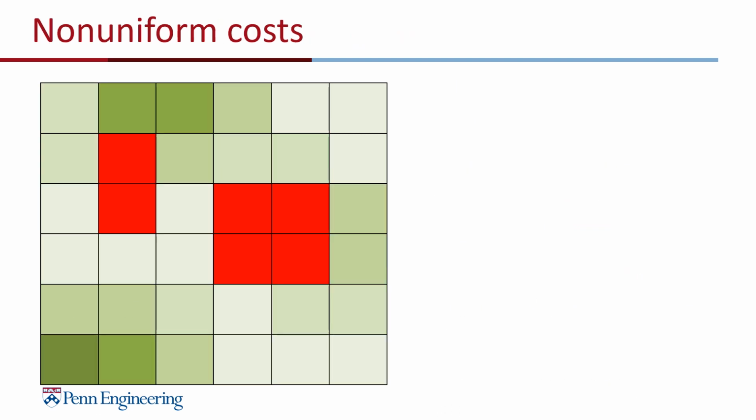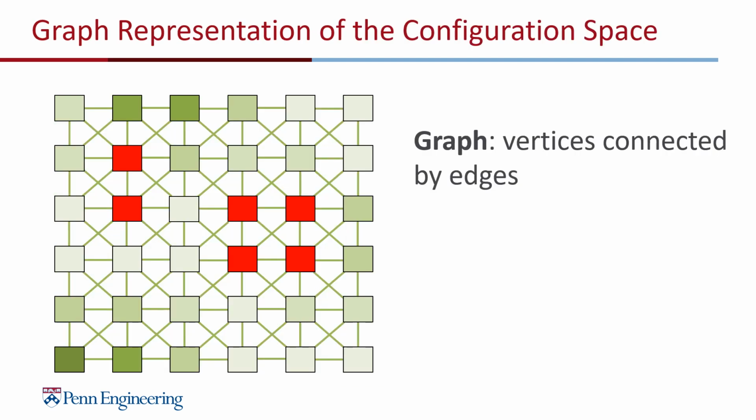The algorithms we explored so far will give us an optimal path when the cost to come to each cell in the grid is uniform. But we can ask, what about situations where the cost is different depending on our location within the graph? In this case, we can use a graph representation of the configuration space, where each cell from our discretized configuration space is represented by a vertex.